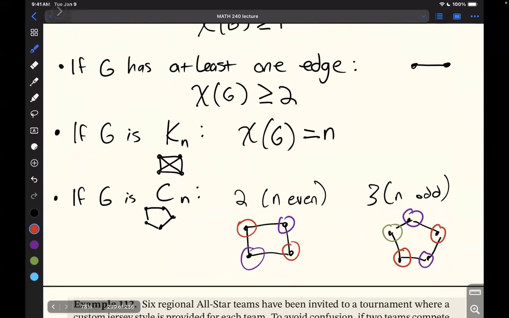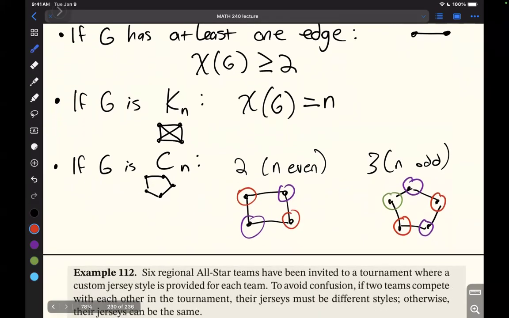If the graph is complete, then it's got to be n, the number of vertices, because every vertex is adjacent to every other vertex, and so no color can get repeated because the graph just doesn't allow for that.